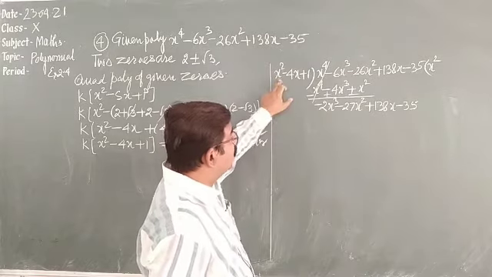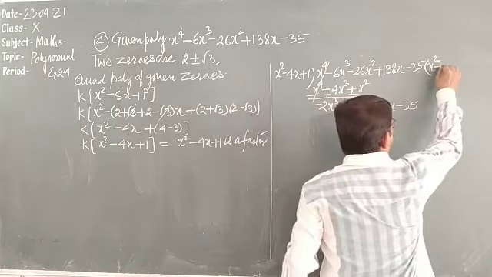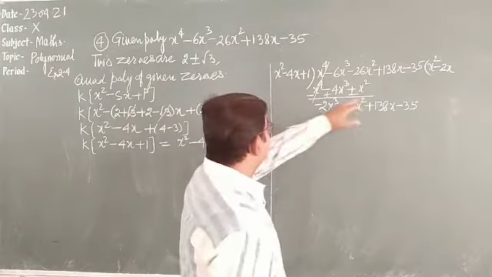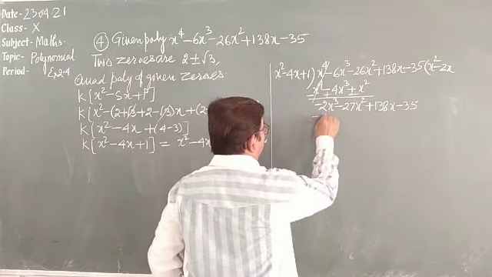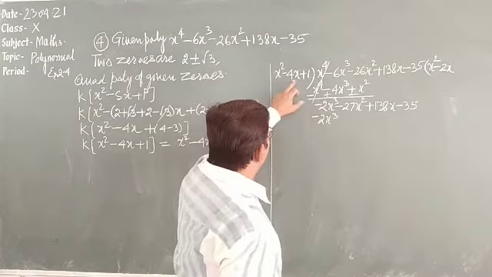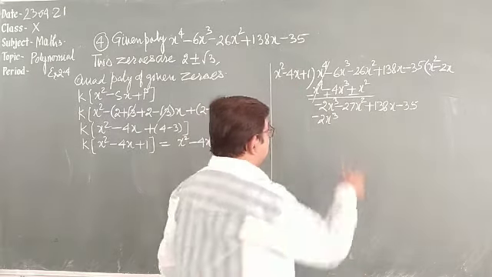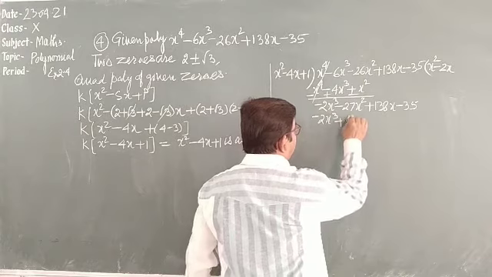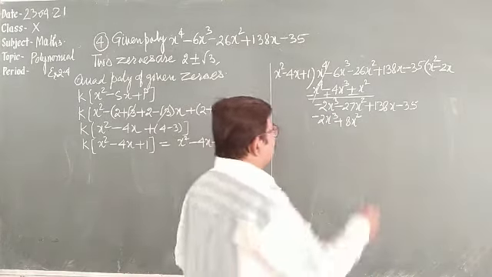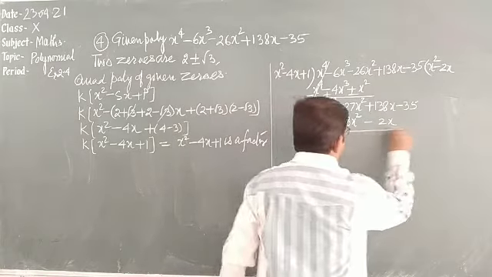Divide. This is minus 2x cube. Here we have x square. The coefficient is minus 2 and x times. This is minus 2x. So minus 2x into x square is minus 2x cube, minus 2x into minus 4x, minus into minus is plus, 2 4s are 8x square, plus 8x square, and minus 2x into plus 1 is minus 2x. Again subtract.